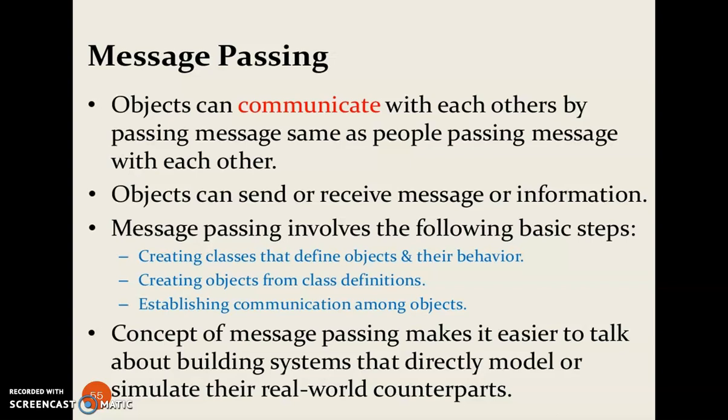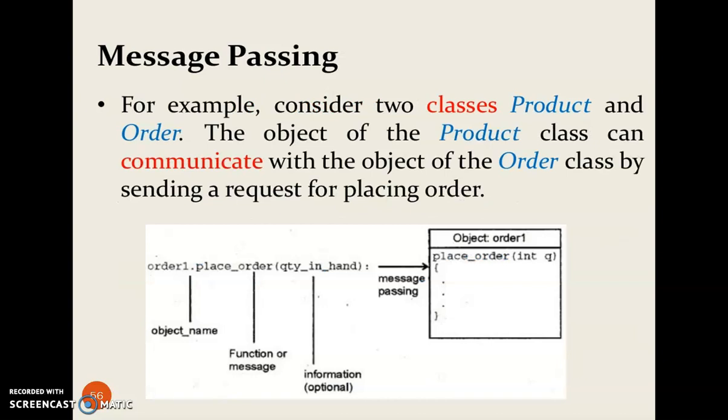The concept of message passing makes it easier to talk about building systems that directly model or simulate their real world counterparts. Here is an example. Here two classes are there. One is the product class and the other one is the order class. The product class can communicate with the object of the order class by sending a request for placing orders. So here, order1.place order, passing the parameter quantity in hand.